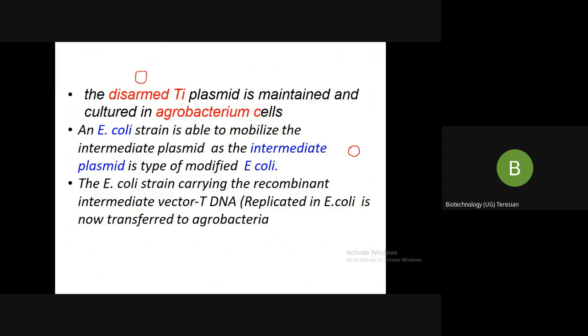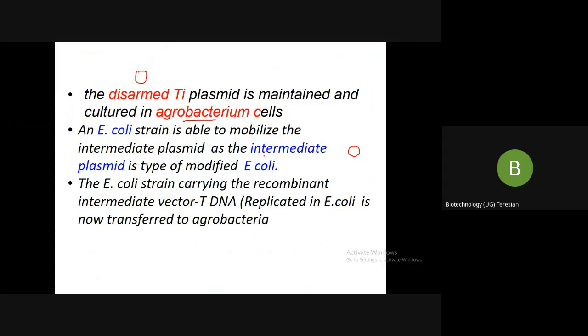Only then can that plasmid become active. So the disarmed Ti plasmid is maintained and cultured in the Agrobacterium cells. Look at the color, I put the same color. So your disarmed Ti plasmid is put into the Agrobacterium.